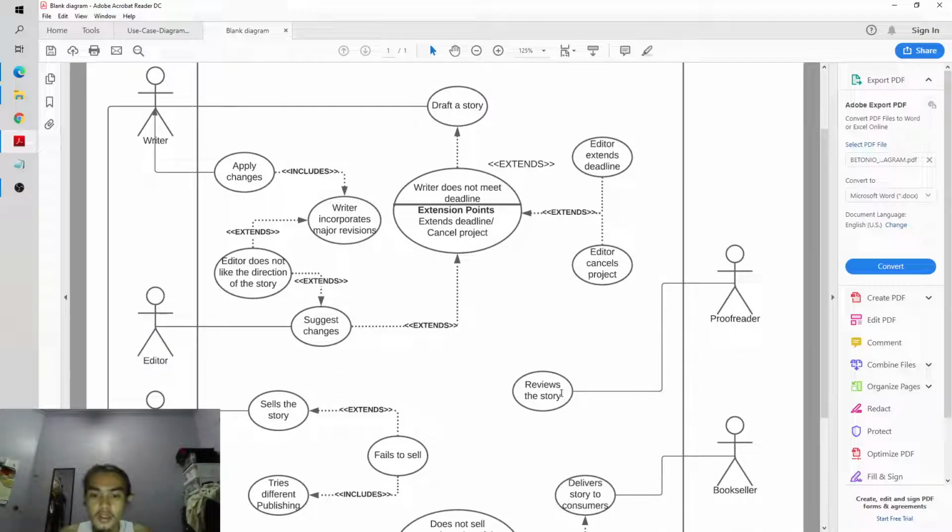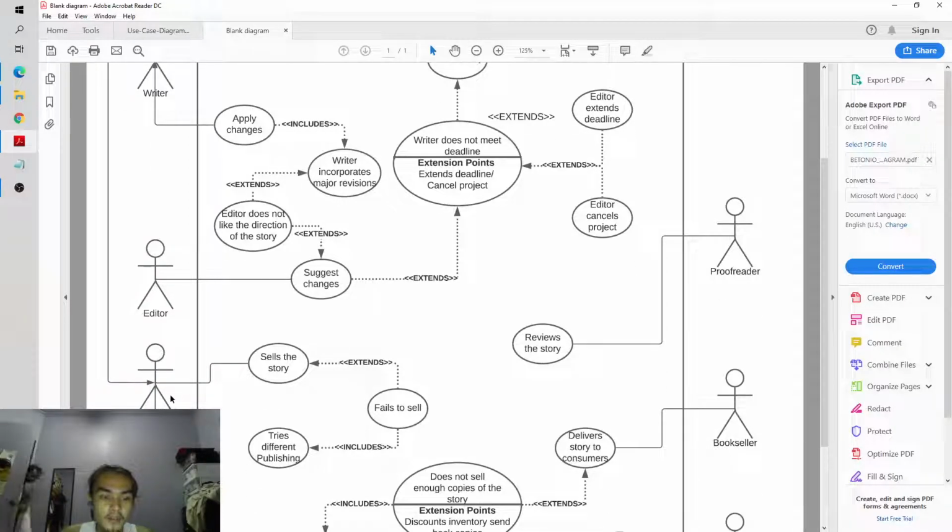So here is the proofreader reviews the story, and here from draft the story straight to the writer and straight to the agent. So the agent sells the story.